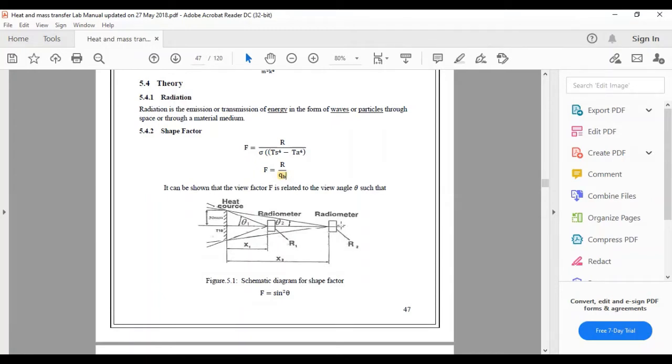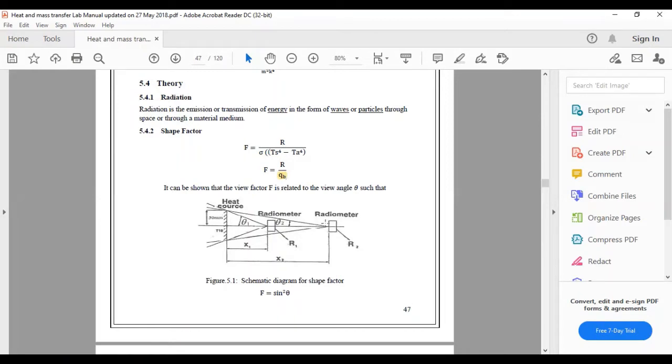So by taking the height of this radiometer, which is 50 millimeter, and dividing it by this horizontal distance, we can measure the angle. We will measure it later on when we perform the calculation. Now this radiometer detects the radiation falling on it from this heat source.